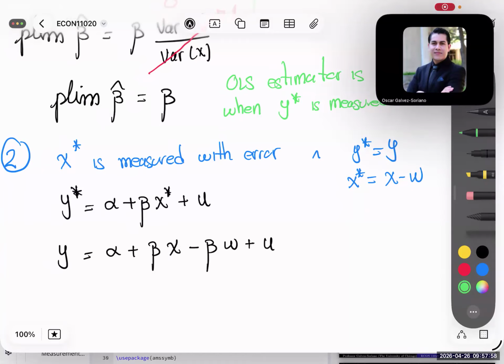Again, if that wasn't clear, what I did here is that I plugged in the value of x star, which is the difference between x and w. And of course, since x star was multiplied by beta, each of these two random variables will also be multiplied by beta.